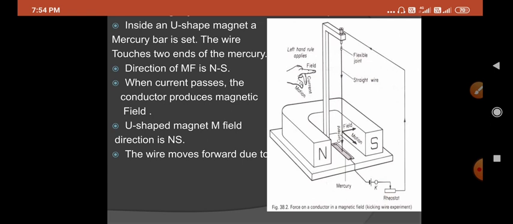And what you need to know is the direction of the force which is produced.